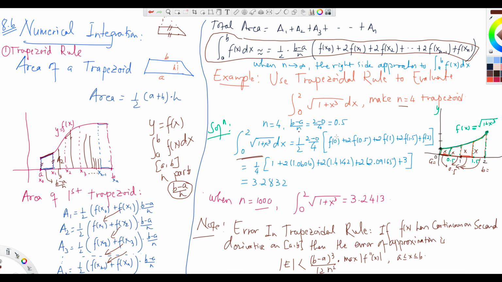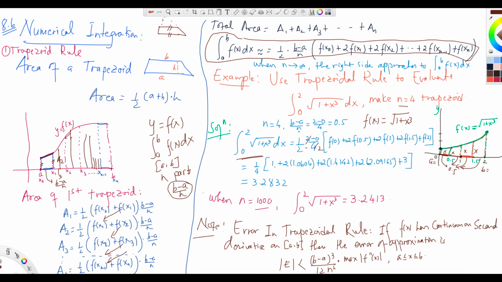Okay, so what is f at 0? You just plug in what is f of x. f of x equals the square root of 1 plus x cubed, right? So what is f of 0? You plug in 0 for x, you get root 1. It's just 1, right? So what you get here is 1/4, because 2 times 2 is 4. So 1/4 times f of 0, which is 1, plus 2 times f at 0.5.